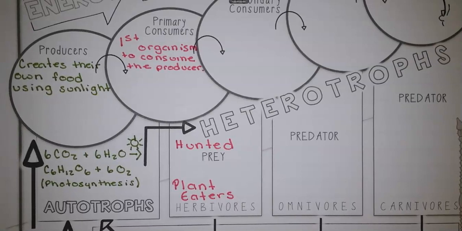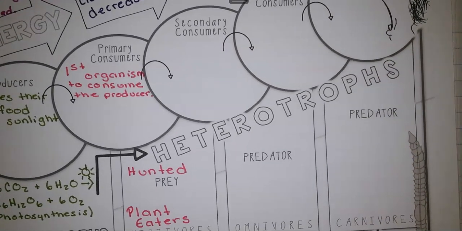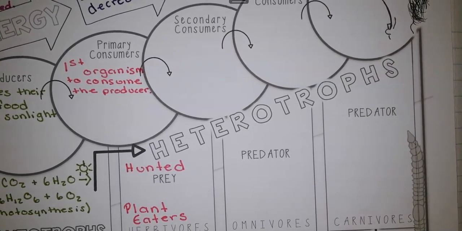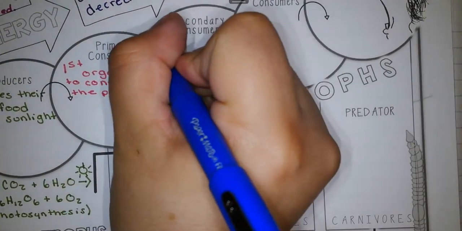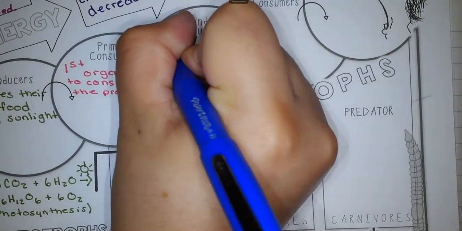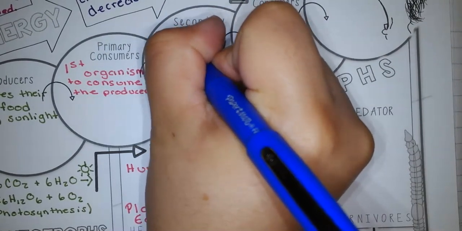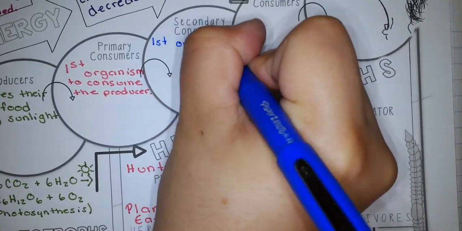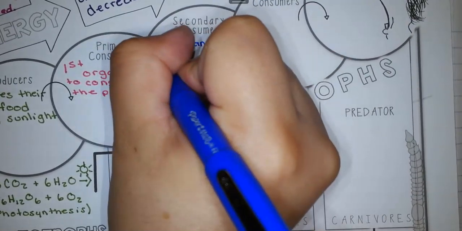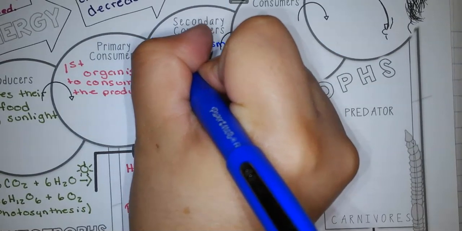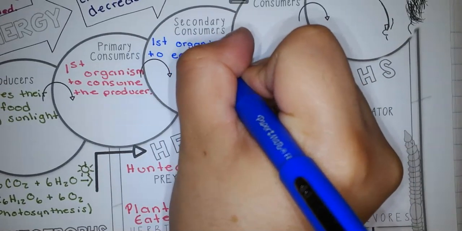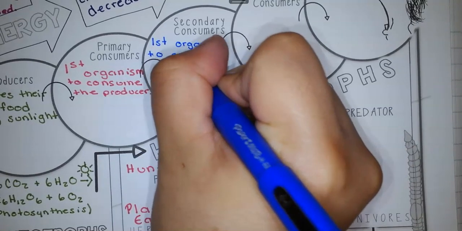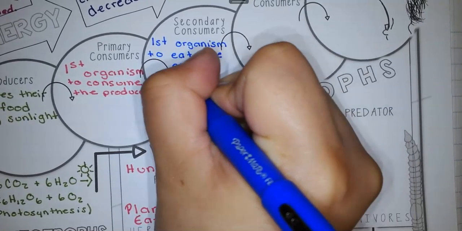Your secondary consumer is the first organism to eat the primary consumer.